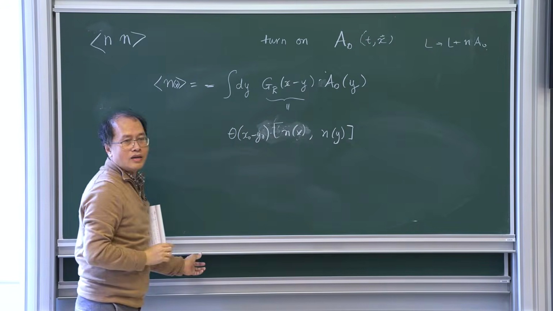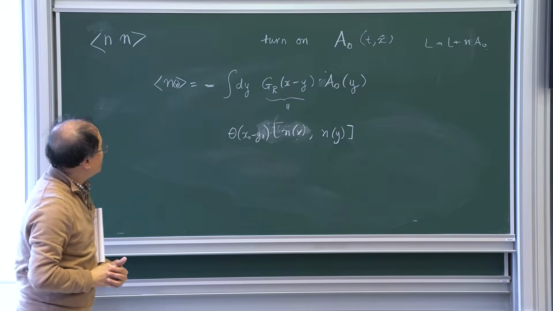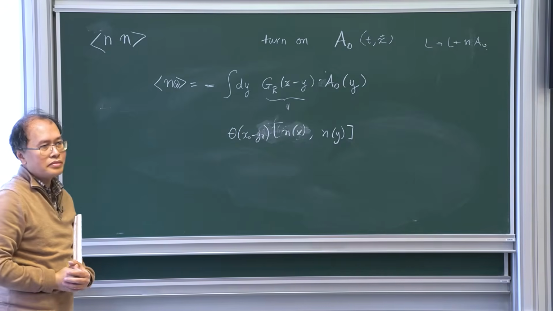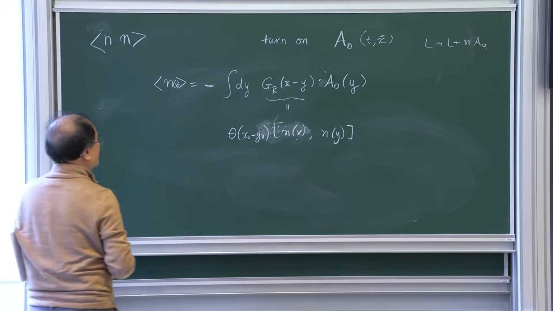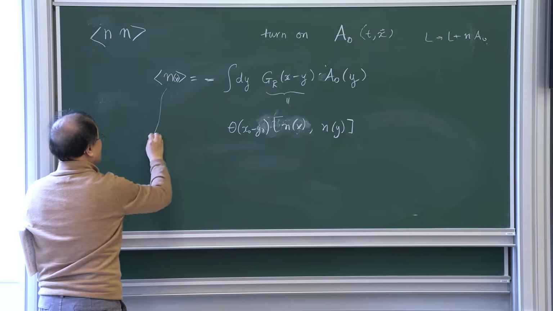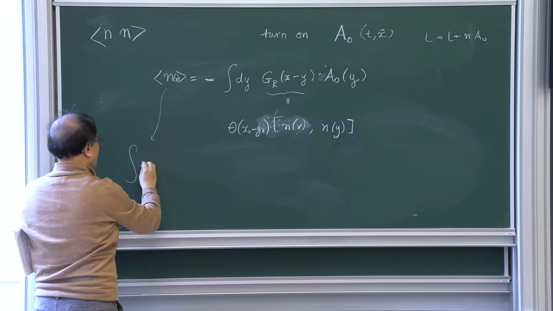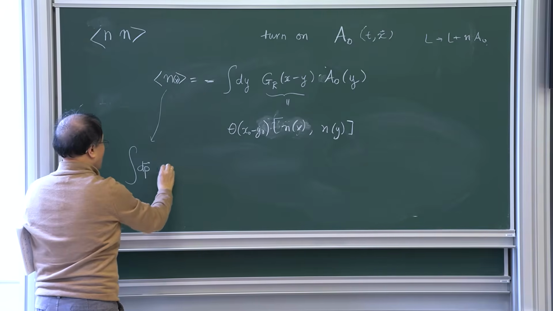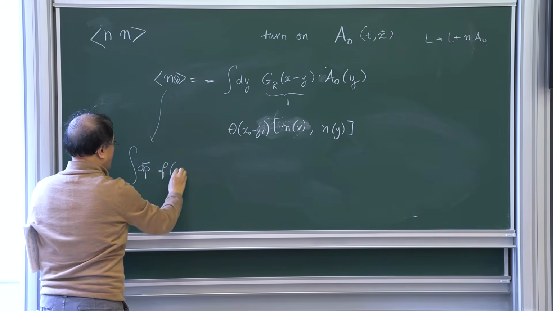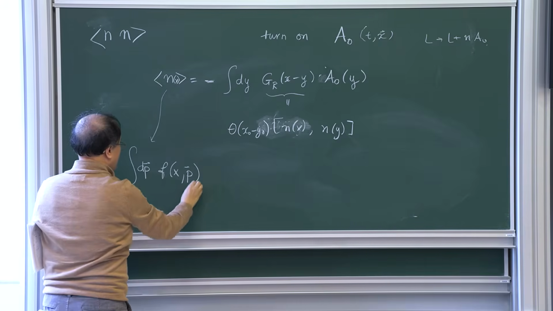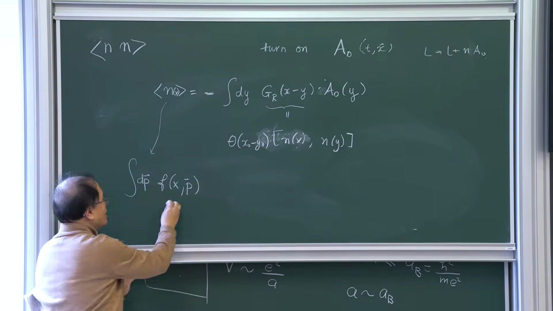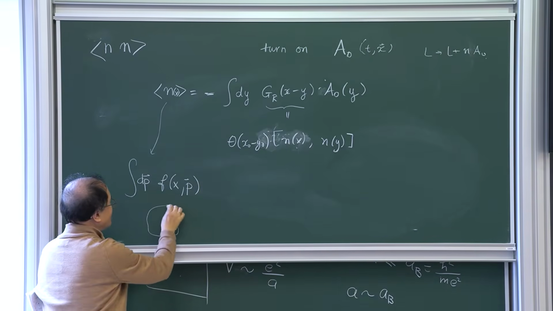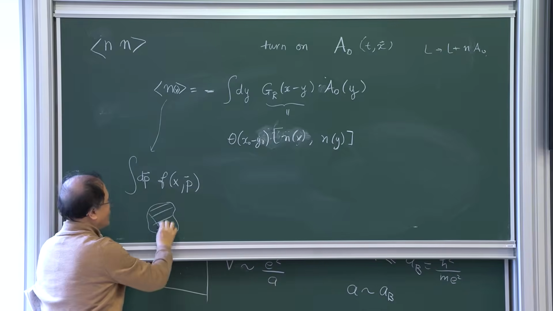That's the retarded propagator of the operator n. And the left-hand side, you're going to relate just to the volume of the Fermi surface at the point x. So in the Landau theory, this is associated with the integral over dp of f of x and p. If the Fermi surface is sharp, then it's just the volume of the filled region at point x.